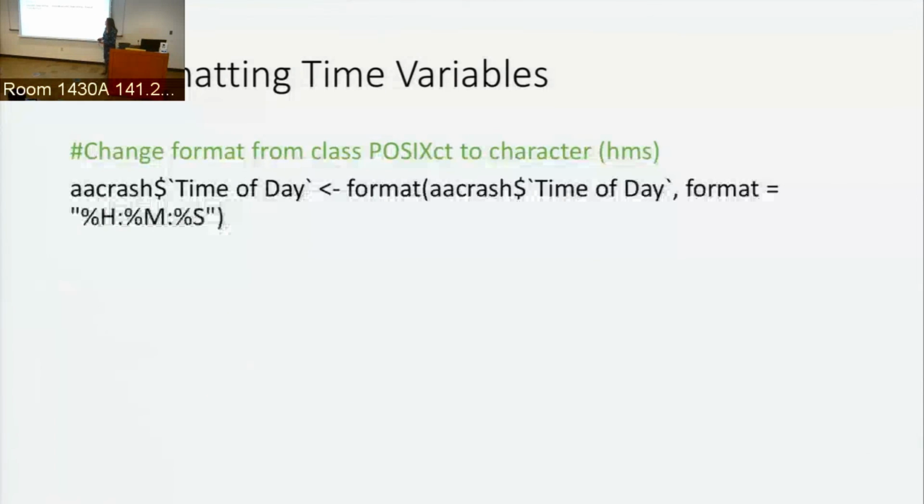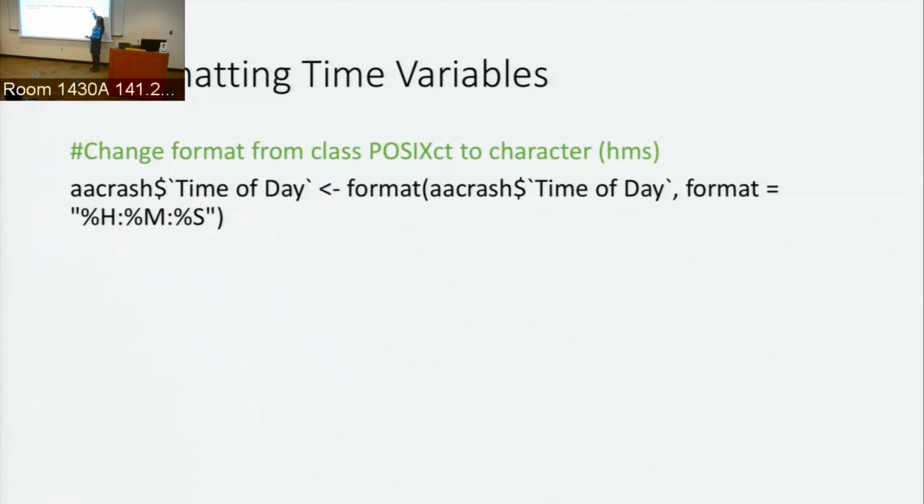To do that, you're just going to type the data set, a crash, $, we're calling that variable time of day, and then we're storing that into a new format. So again, we're calling format. We're formatting that same variable, so the same words here.